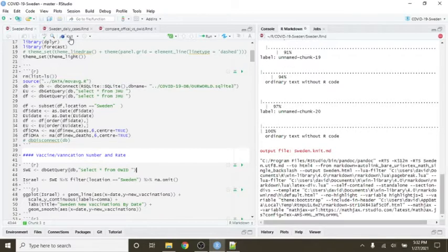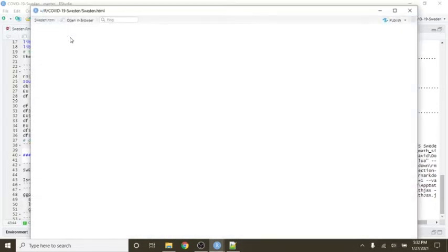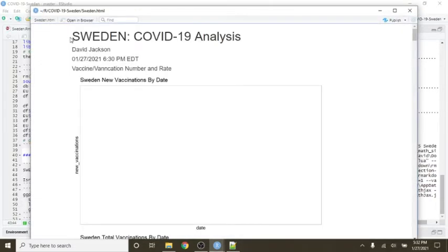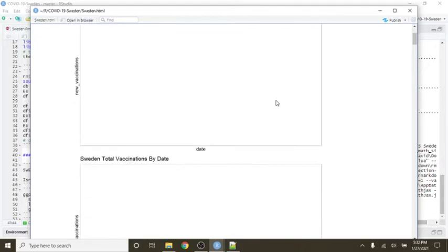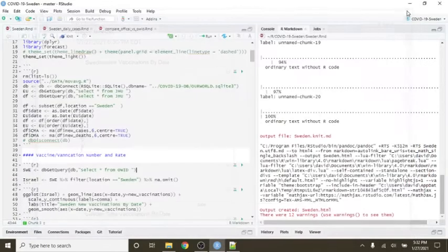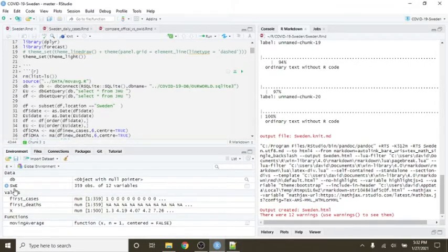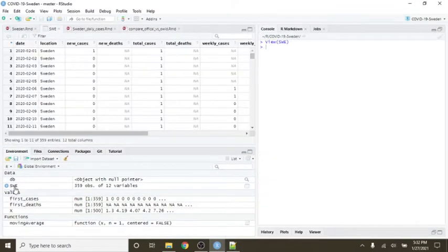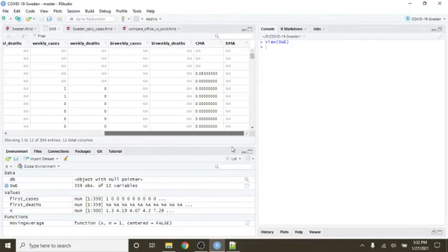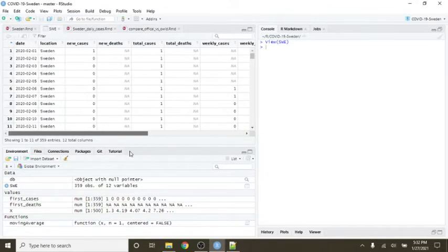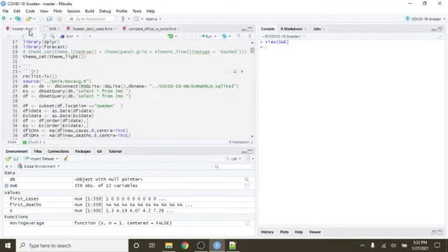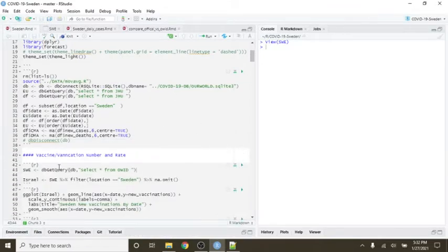In order to start off with some good news, we're going to start off looking at the vaccination data. Except it didn't work, did it? Does this mean that Sweden doesn't have any vaccination data? Well, this can't be right. Let's come back up here and take a look at something.